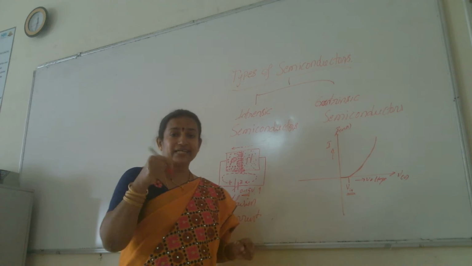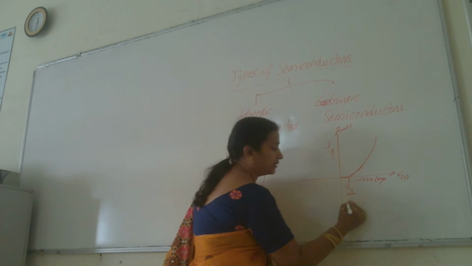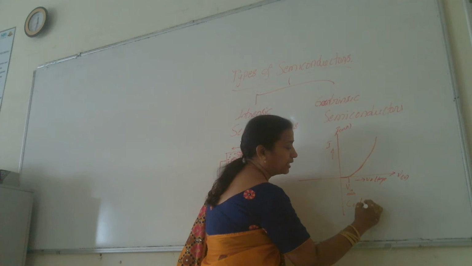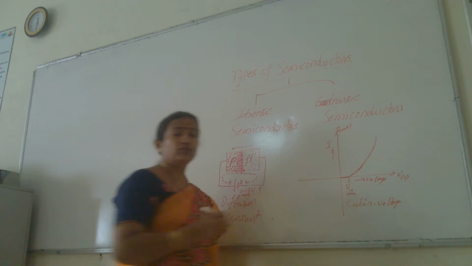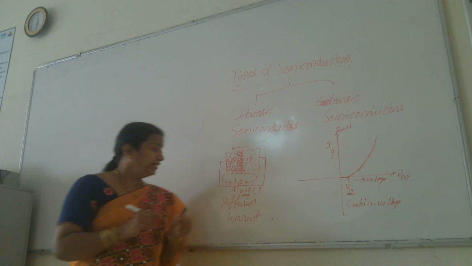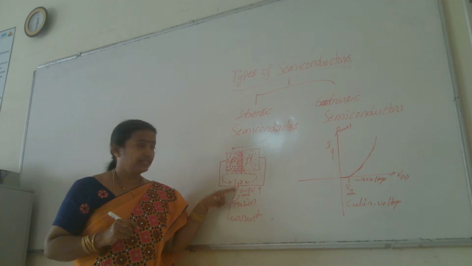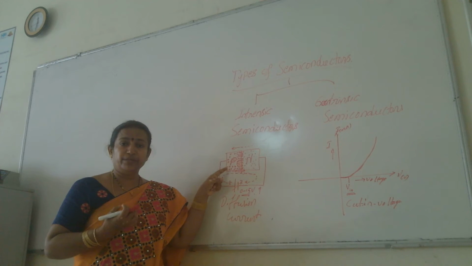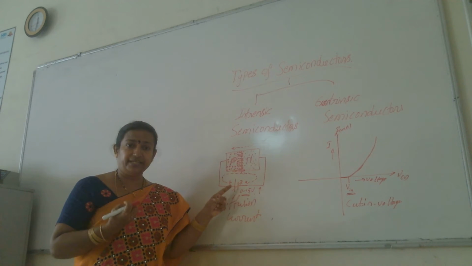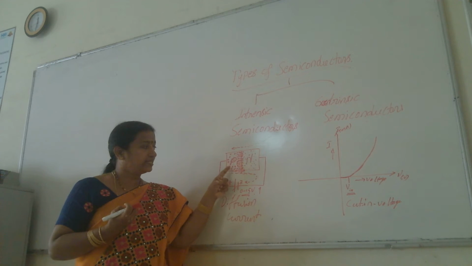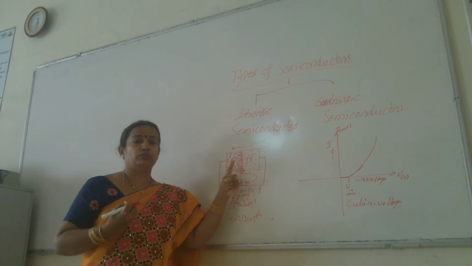The meaning of this cut-in, C-U-T, cut-in voltage: we call it the cut-in voltage of a diode. That means until we reach that particular voltage, the charge carriers don't have any movement. After crossing that voltage, enough energy is gained, and the charge carriers move from the p-type to the n-type.